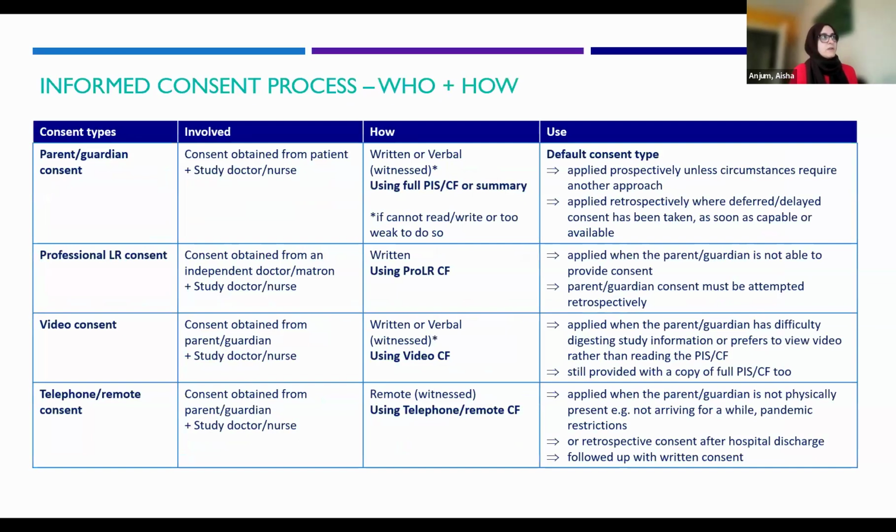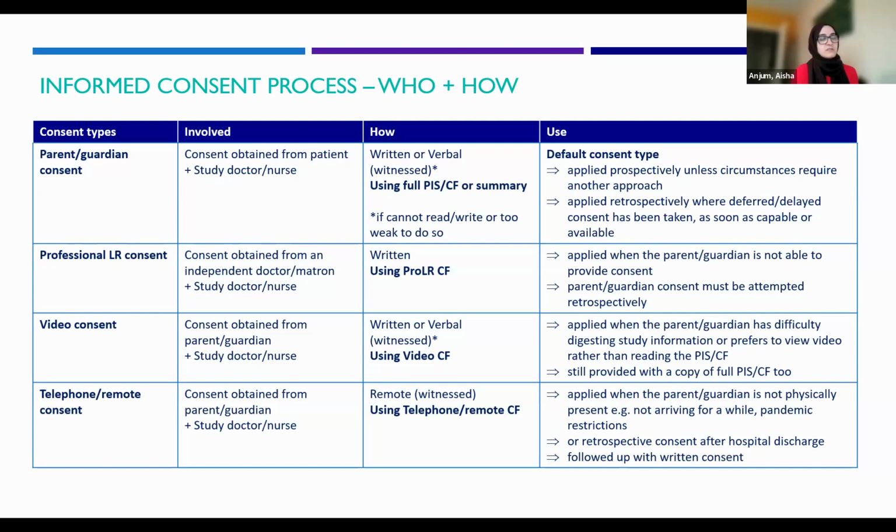So here we just have a list of the different consents and the consent forms that would be used as well. For parent guardian consent, we would be using the full PIS and consent form, but we also have a summary version. I'll mention a bit later which ones we currently have in place and which ones are still being approved by ethics, but should be available very soon in the new year.